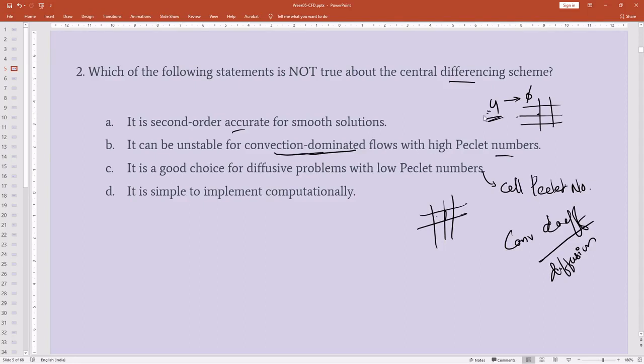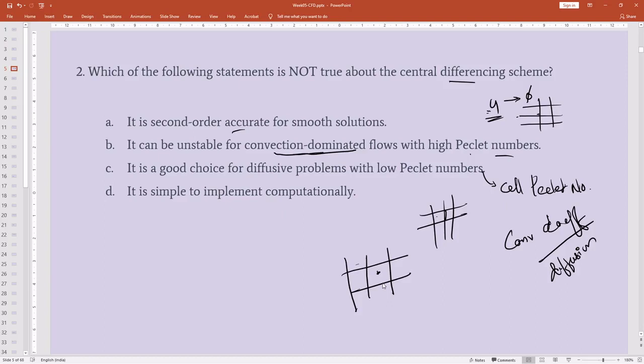So when there is a flow in which convection and diffusion both exist, such Peclet numbers are used, and Peclet numbers are required to calculate this in that particular cell. Suppose we have a region, we have found one particular cell, and in this cell, which coefficient is greater?